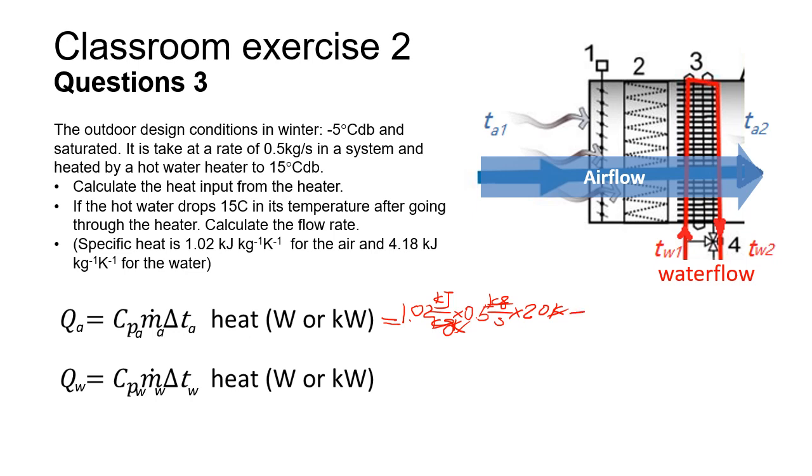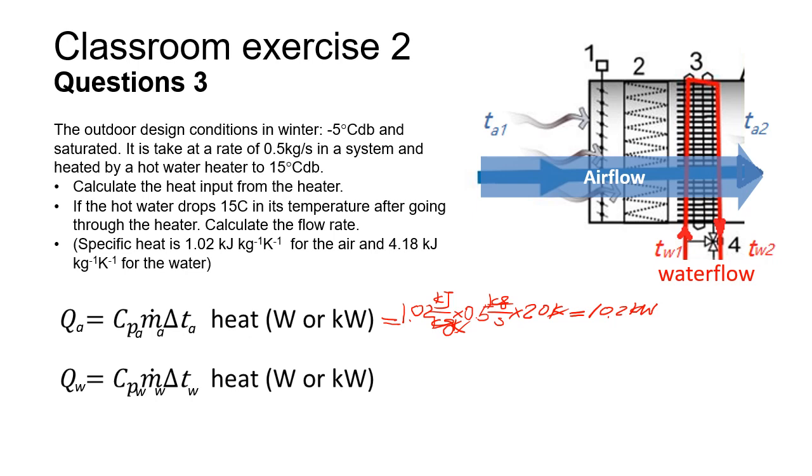So therefore you have the heat is 1.02 multiplied by 0.5 multiplied by 20. So 20 times 0.5 will be 10. So therefore it's very easy to calculate. It's 10.2 kilowatt. Is that right? 0.2, yes. So it's 10.2 kilowatt heat gained by the air.